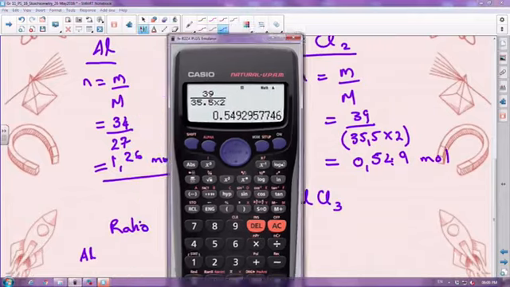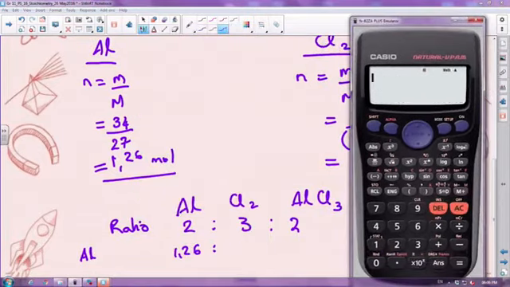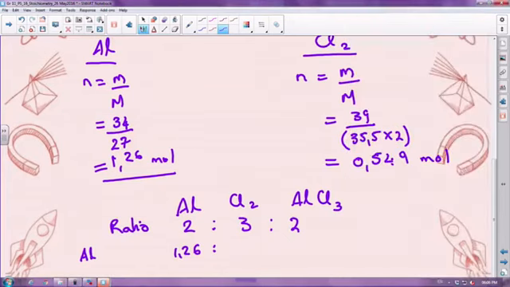The way it works is I'm going to take the moles that I've got, divide it by my ratio, which is 2, and multiply it by my new ratio, which is 3. And I'm going to get 1.89. This here is 1.26. So what it means is that for 1.26 moles of aluminium, I need 1.89 of chlorine.